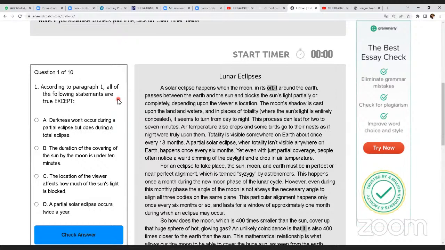Letter D? Well, no. Darkness won't occur during a partial eclipse, but during total. Mm.